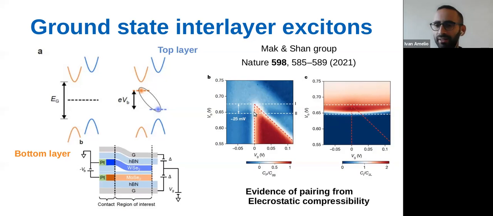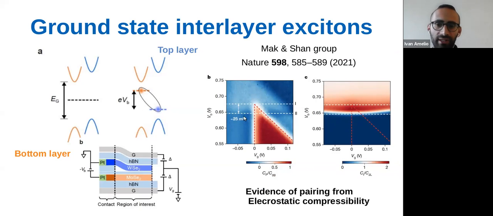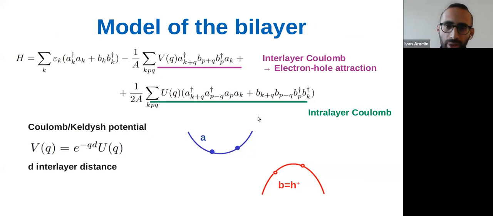They reported some evidence based on electrostatic compressibility measurements, so some capacitance measurements, and this gives some insight about the pairing, because paired charges will screen applied voltages differently than free charges, basically. And also the estimated binding energy of the interlayer exciton in this case is 25 meV.